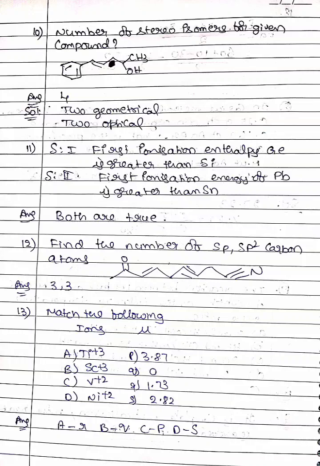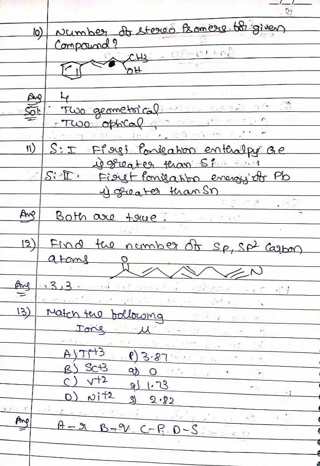Next one, statement type question. The first statement, the first ionization enthalpy of germanium is greater than silicon. The second statement, first ionization energy of lead is greater than tin. Yes, lead's ionization energy is greater than tin, because we know at the end of group 14 there is an exceptional case with lead where the IP is more, the melting point is more, and the covalent radius is more when compared to tin.